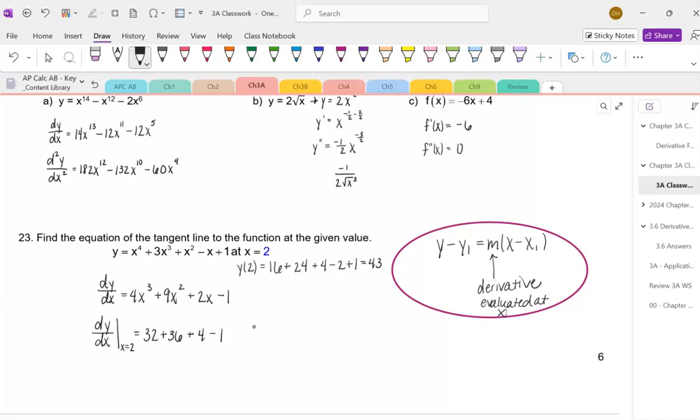And from there, we get 71. So big numbers, but we can go ahead and write down the equation of the tangent line. So we've got y minus 43 equals our slope times x minus 2 as our final answer.